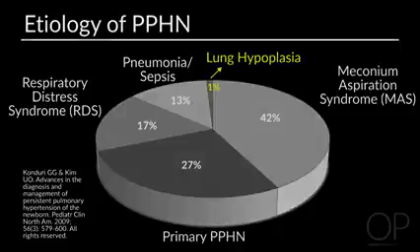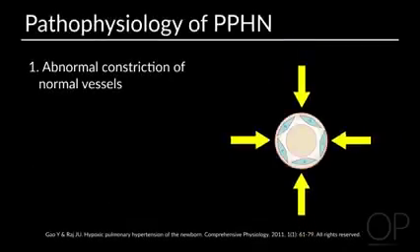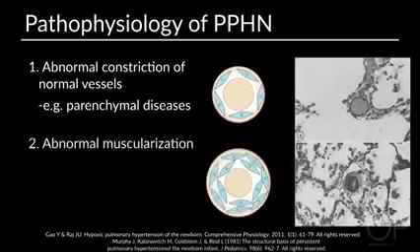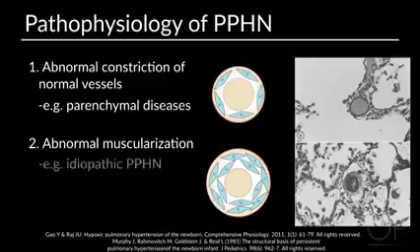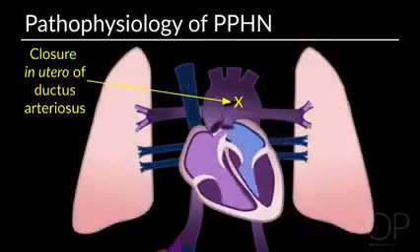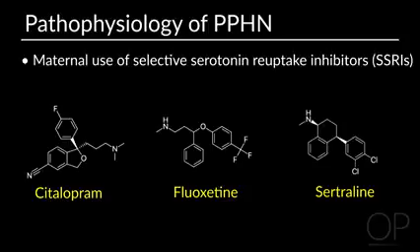So we might have an abnormal constriction of normally developed vessels, like in parenchymal diseases, but we can also have a normal parenchyma with abnormal muscularization of the pulmonary vessels, which happens to be the case of idiopathic PPHN, which has been associated with the closure in utero of the ductus arteriosus, or with the maternal therapy with serotonin reuptake inhibitors.